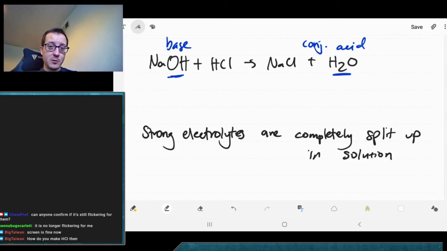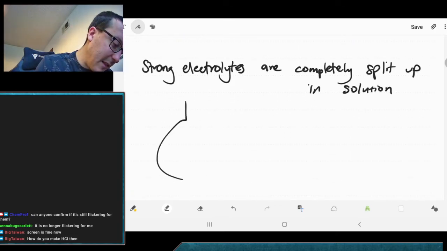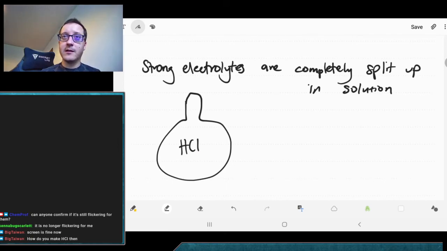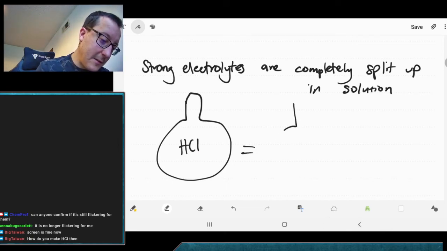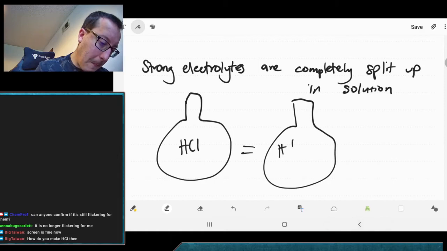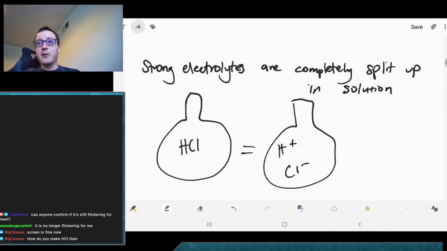But as soon as you put it into water, it's going to break up. So even though you'll typically see a bottle labeled hydrochloric acid, what it really means is that you have those ions floating around in there, and of course there's water interacting with them.